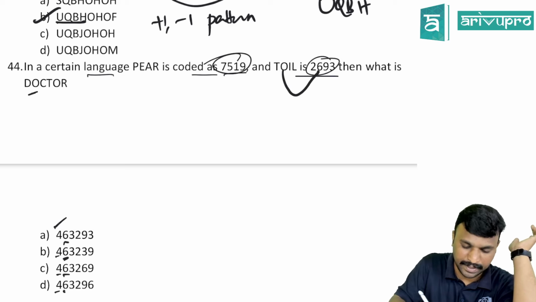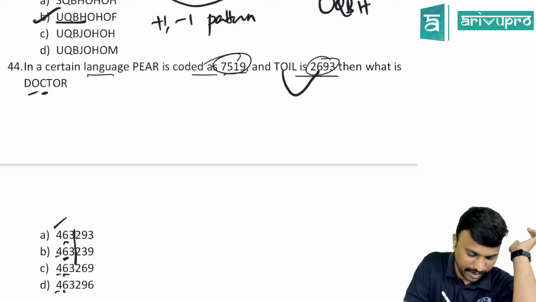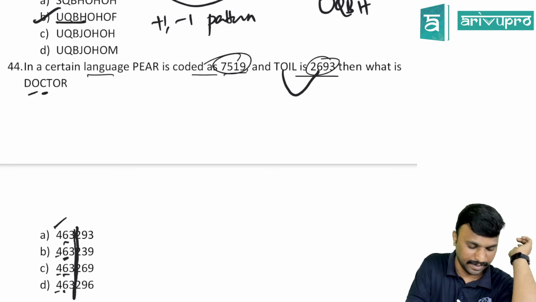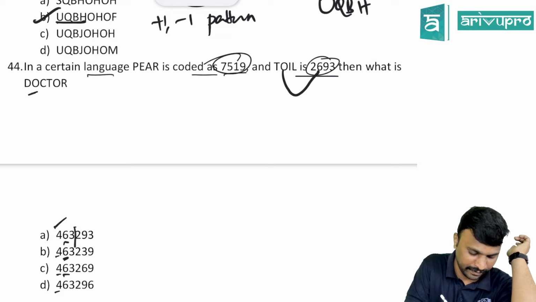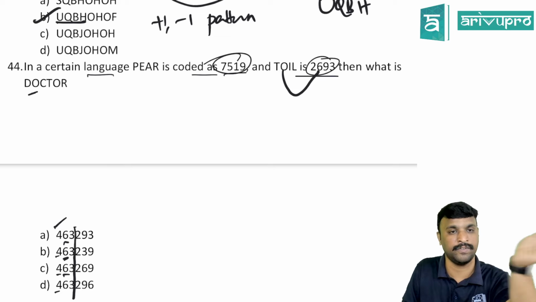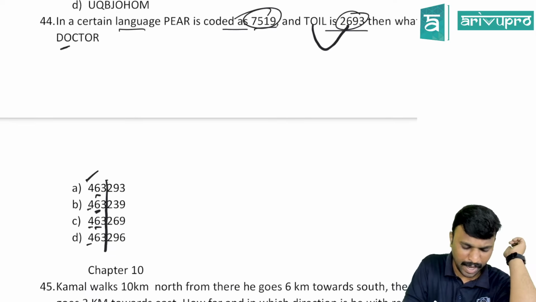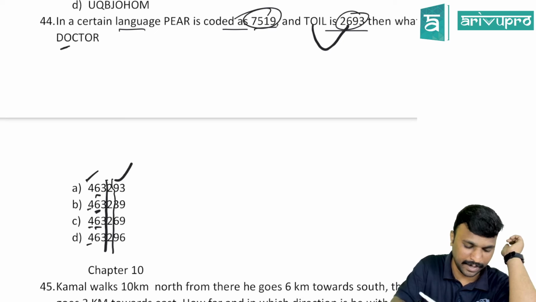Now guys, the third letter C. We don't have a C. So C can be 3. In all the options you can see, the third digit is 3 only. So 463 are definitely the first 3 digits. Even the next digit is also the same, so you can just check the last but one.